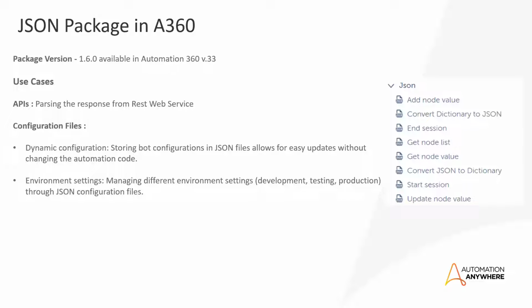Consider if your use case needs you to grab all the values in the list, then you can go for get node list, use a loop through those items, and you can use either get node value or the other brand new commands, that is convert dictionary to JSON. And then from the dictionary, you can pick the required values. Once you are done with extracting the required fields with either of these commands, make sure you end the session to free up the memory.